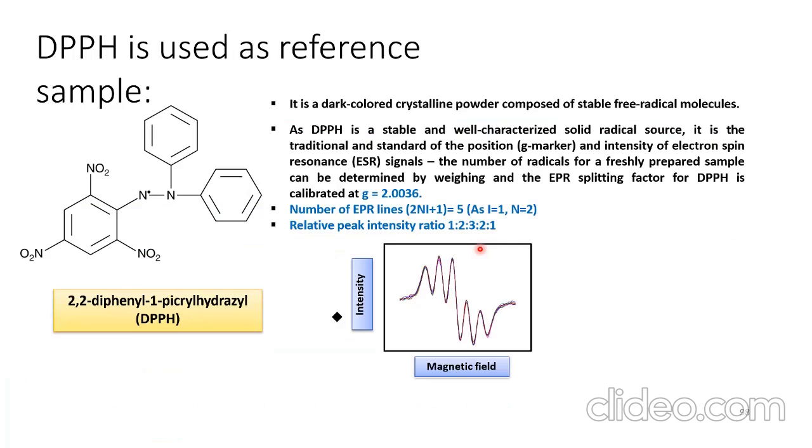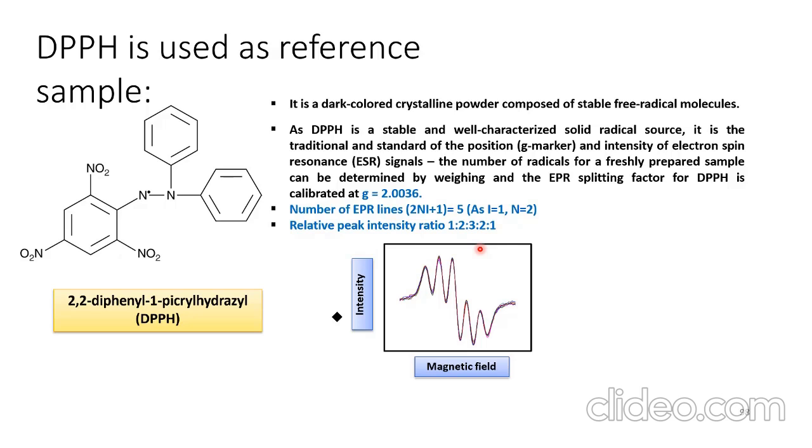Then DPPH is a reference sample for this, which is a dark colored crystalline powder. It is composed of a stable free radical molecule, and DPPH is a stable and well characterized solid radical source. In the case of EPR, if we want to detect a sample, it should be in a radical form.